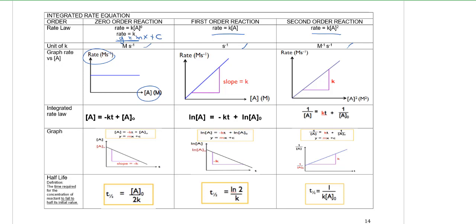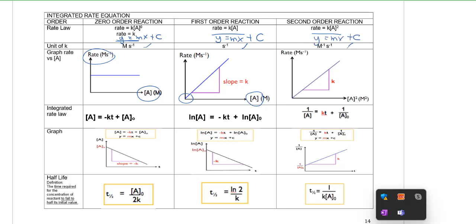For the first order, the graph of rate versus concentration of A is directly proportional, and the intercept starts from the origin. Okay, so the last one, Y equals mx plus c.